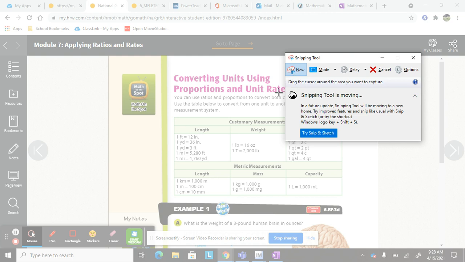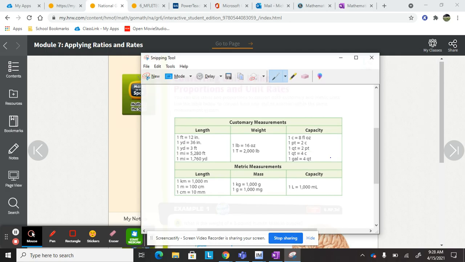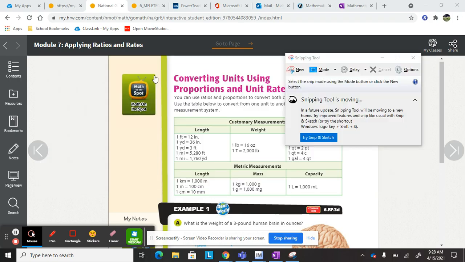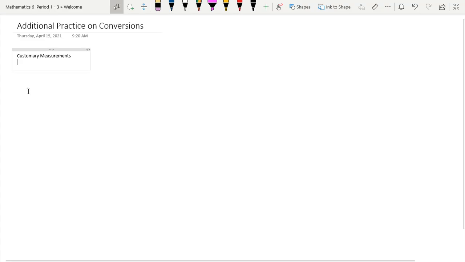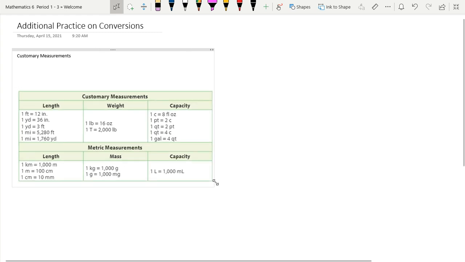This is what we're going to be using to make our conversions. So we need to go back to this chart every single time. Let's go back over here and I'll plug it into this document. Right, there it is.